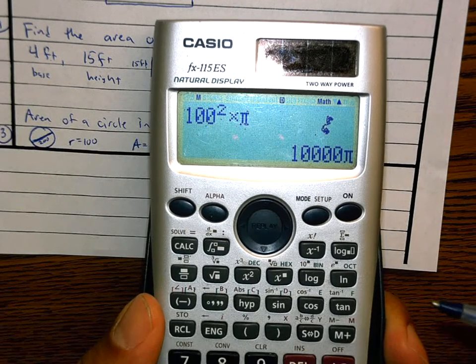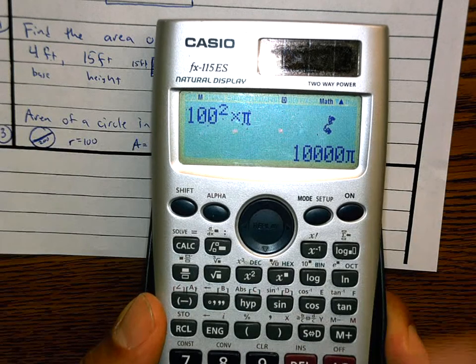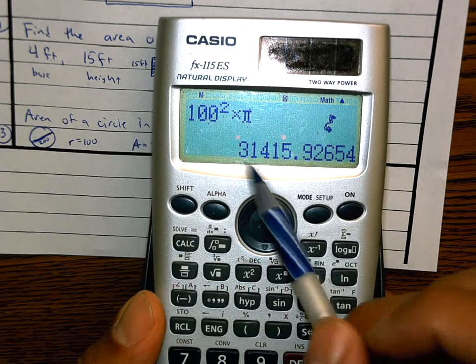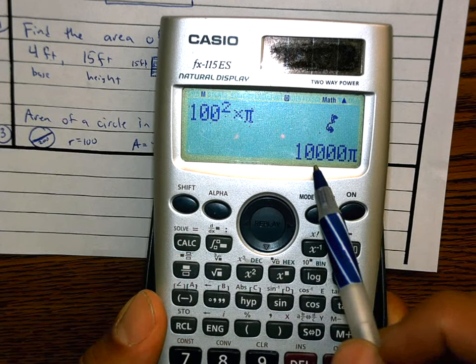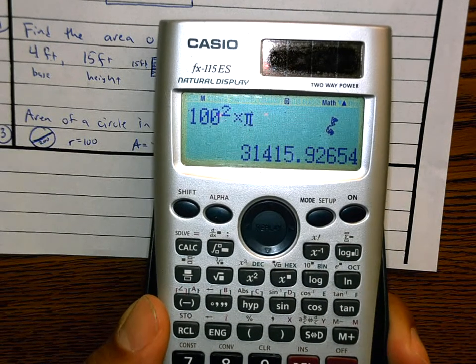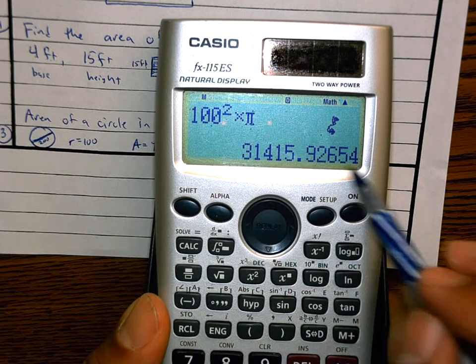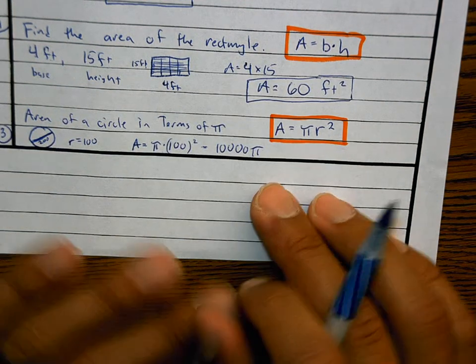It's kind of neat. And then if you want to plug in 3.14, then you can press the button and it will give you what is 10,000 pi times 3.14, 31,415-something, whatever it is. Okay. Over.